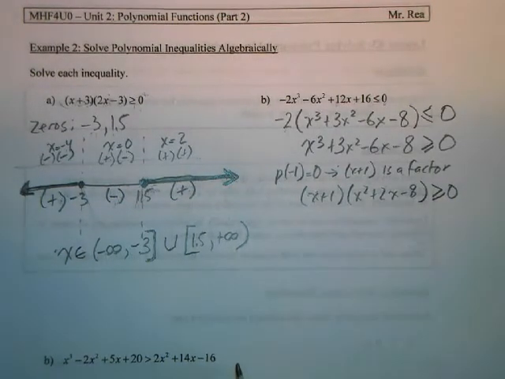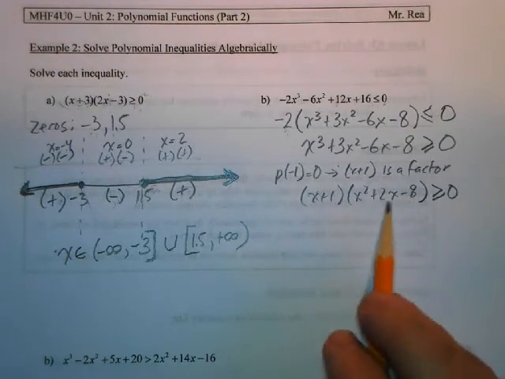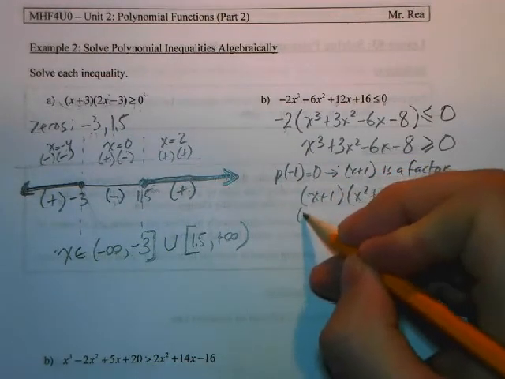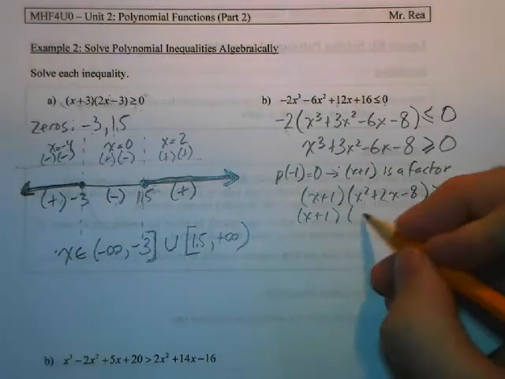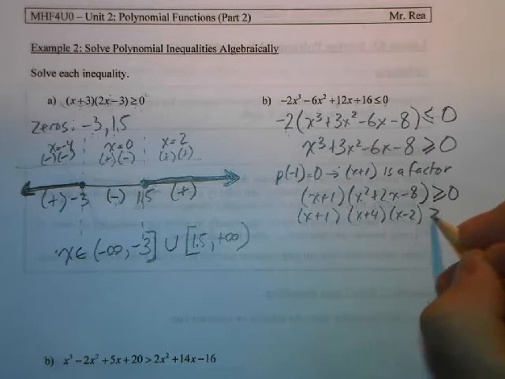The inequality sign is unaffected, and we can see that's a pretty straightforward simple trinomial factoring. So that's x plus 1, x plus 4, and x minus 2 is greater than or equal to 0.